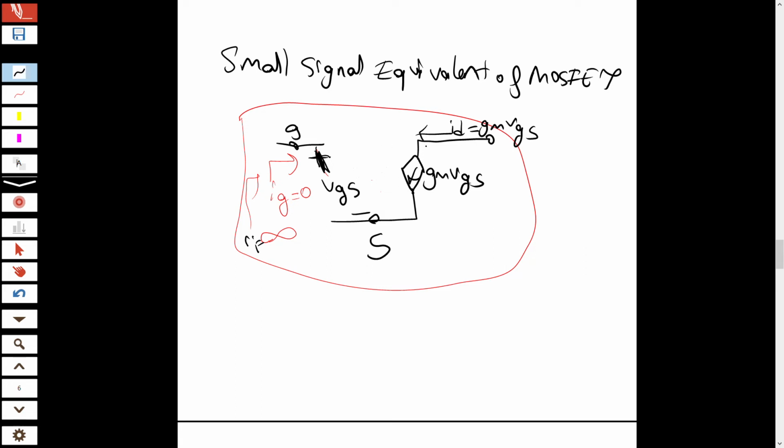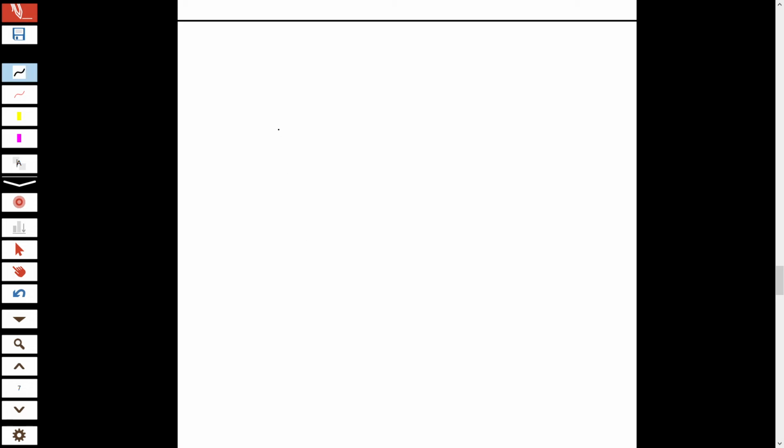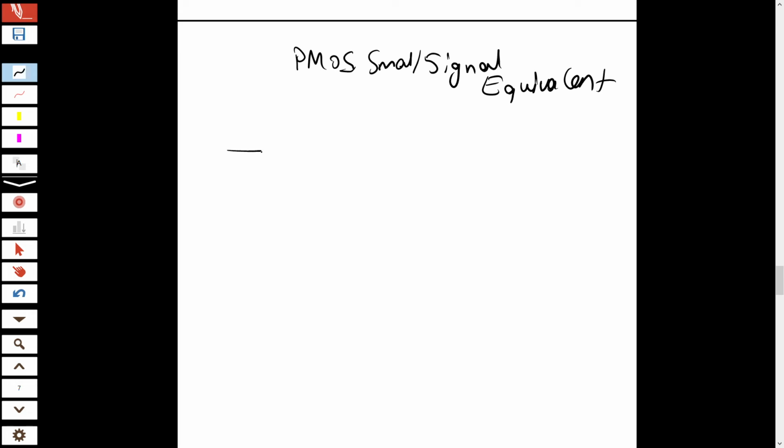And of course, this is for NMOS type. For PMOS type, remember, PMOS small signal equivalent: here again, this is my gate.